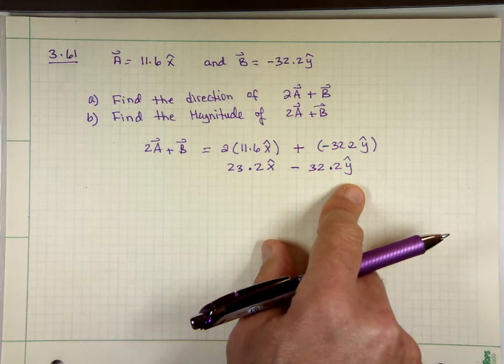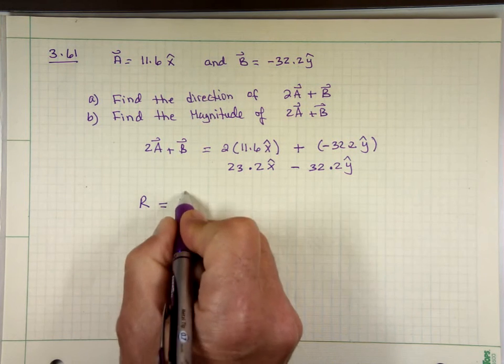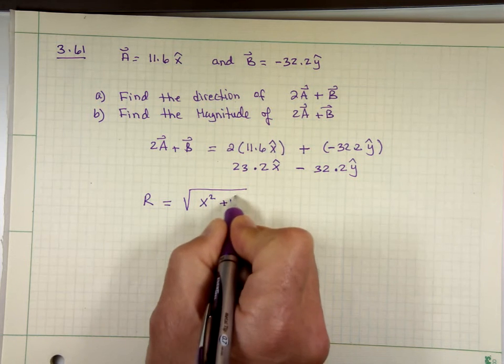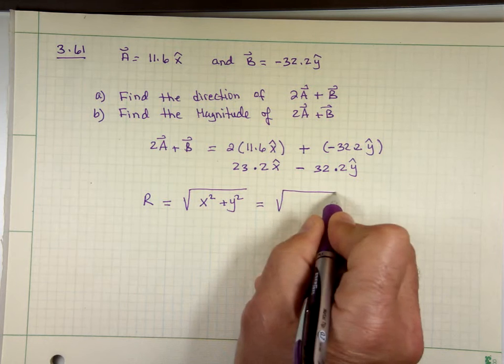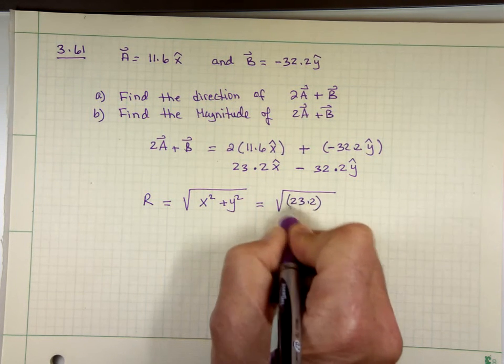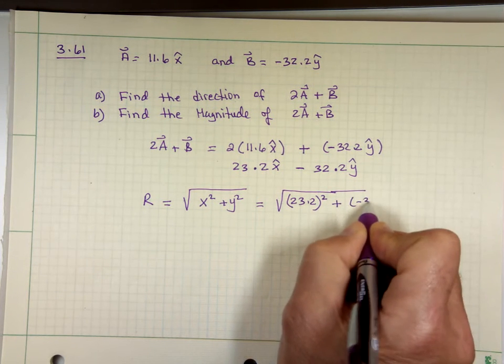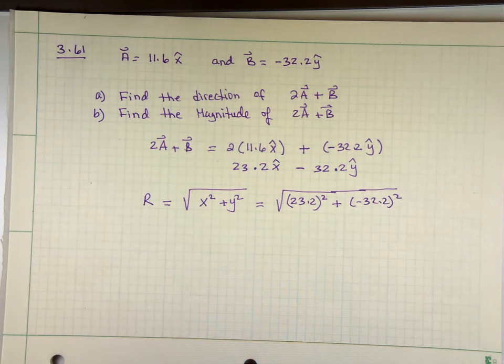So to get r, which is the magnitude, it is the square root of the x value squared plus the y value squared. And the x value is 23.2 squared. And the y value is what? Negative 32.2, and you square it. You have the x and the y component, and you're looking for r and theta.